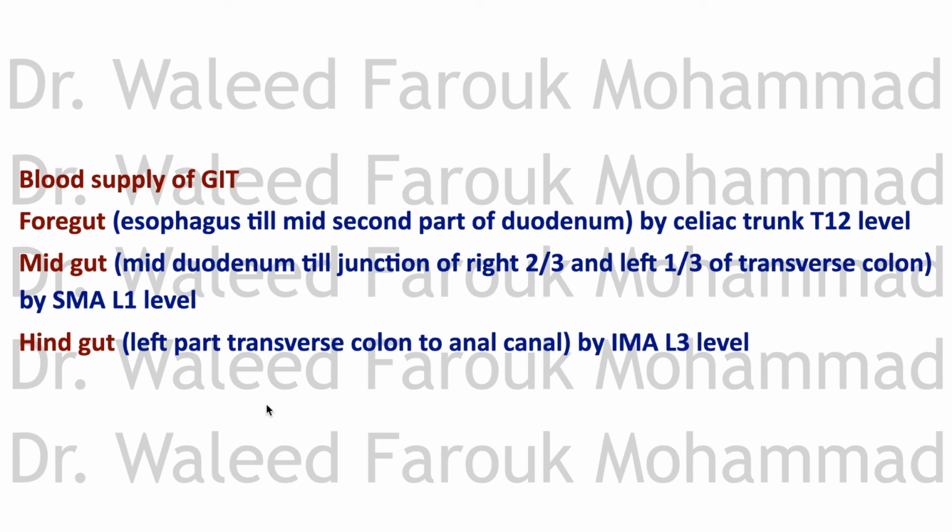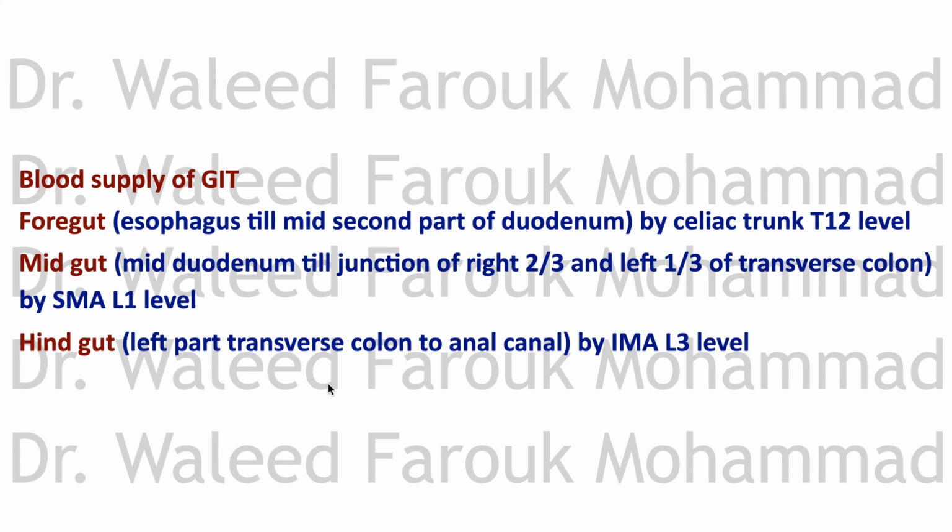This is the hindgut. The artery of the hindgut is the inferior mesenteric artery, arising from the abdominal aorta behind the third part of the duodenum, as you recall, and giving the upper and lower left colic branches, as we discussed before with the blood supply of the colon.